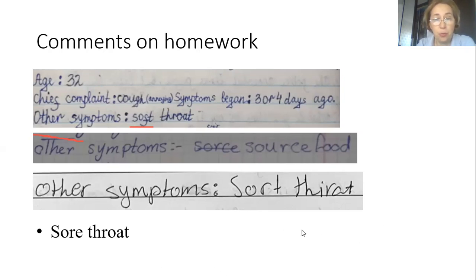You can see that this is the sore throat, one of the symptoms that helps the doctor in diagnosis. Be careful with such things. You should understand everything, and if you have any problems with understanding, you should consult the dictionary so that you are sure that you are writing the correct phrase.